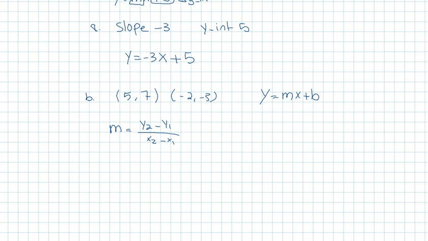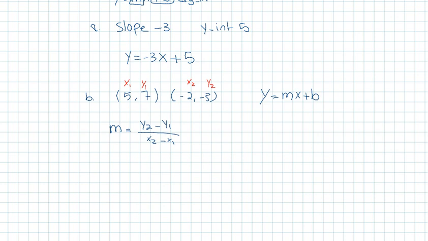So I'm going to call this x1, and this is y1, because they represent the first point. Are we okay with that? I'm going to call this x2, y2, because they represent my second point. Always, a point is made up of 2 values, the x and the y. Okay, x always goes first, alphabetical order.